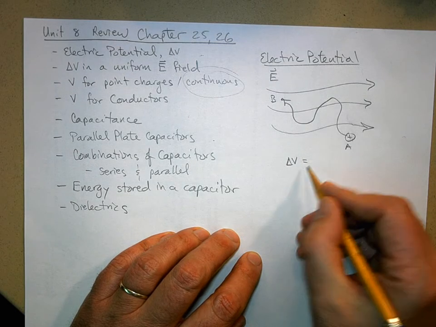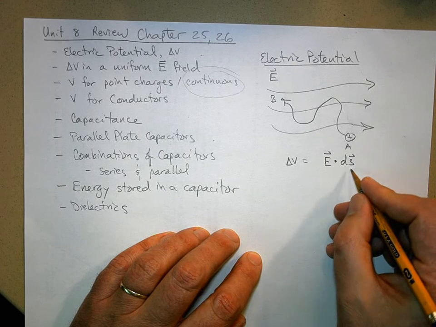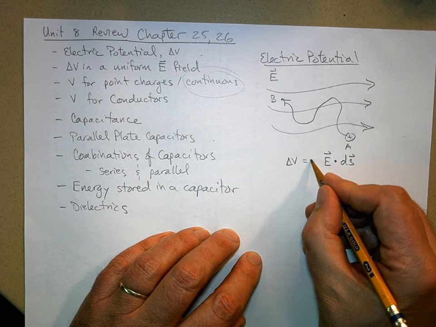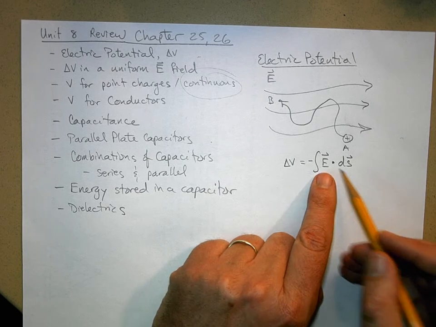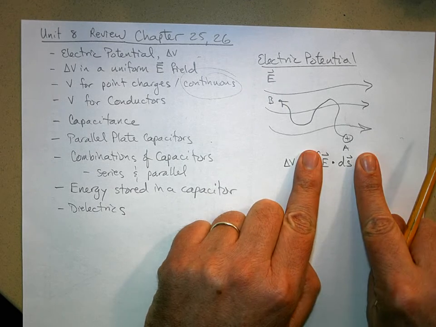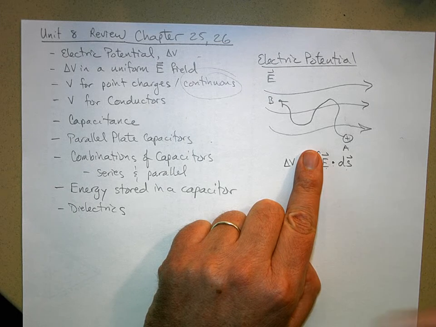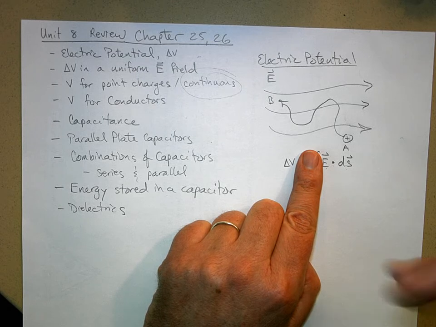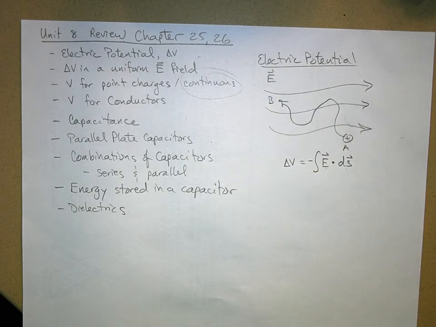So if I gain voltage, if I go E dot ds, where ds is a displacement vector, it's negative. Because look, if I just look at the E dot ds, what is that? Electric field times the displacement, right? And what does the dot mean? How parallel they are, right? You only do work when the component of the electric field is parallel to the displacement.